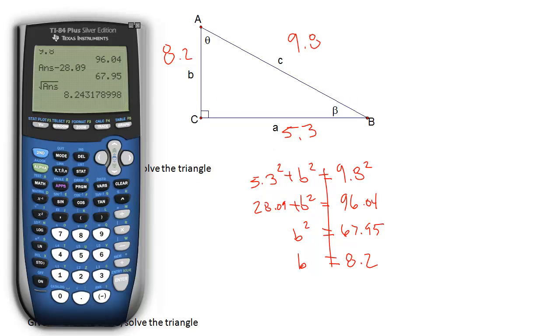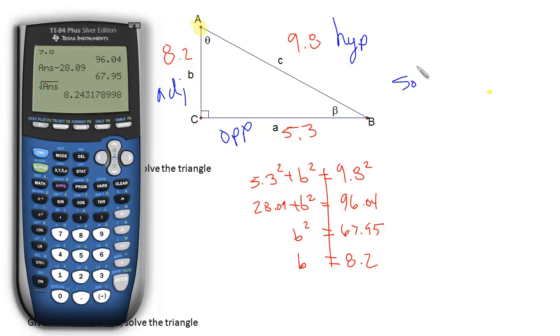Now I'm going to find the angles. This time, let's do the other angle, and then it'll allow us to use a different trig ratio. So again, from this reference angle, I have the hypotenuse, I have the adjacent, next to, and I have the side opposite, across from.